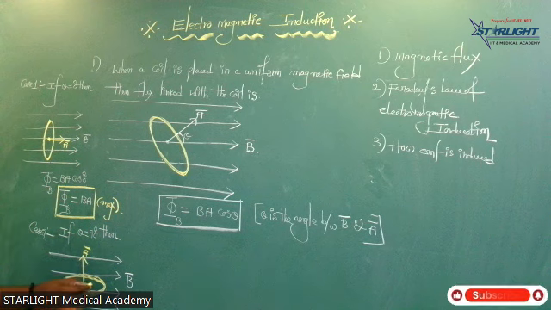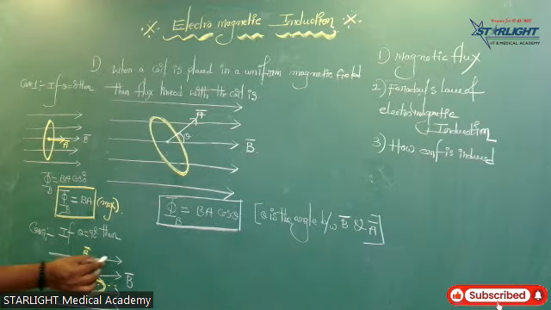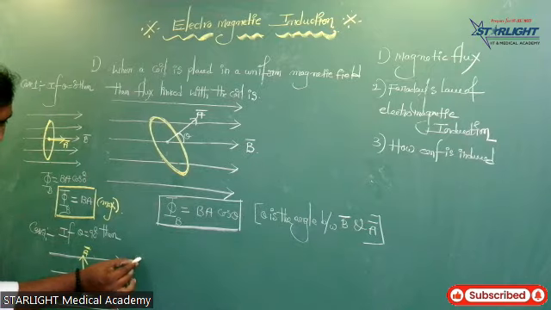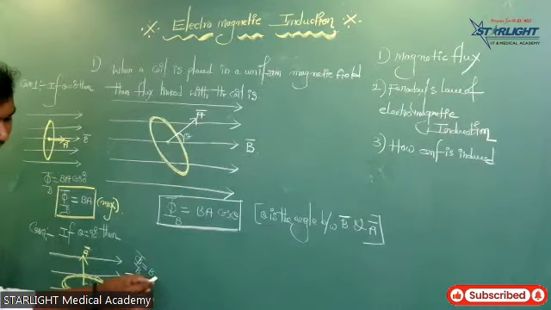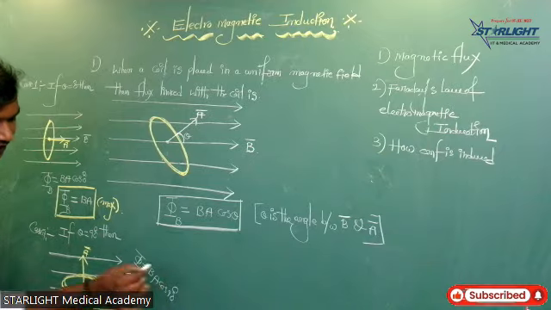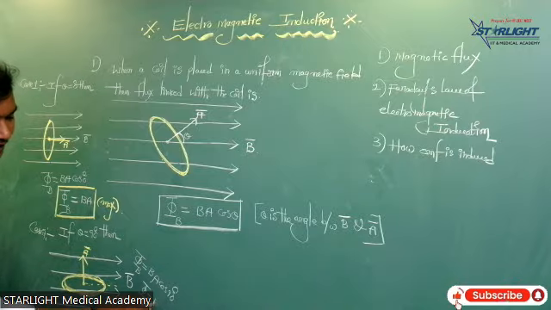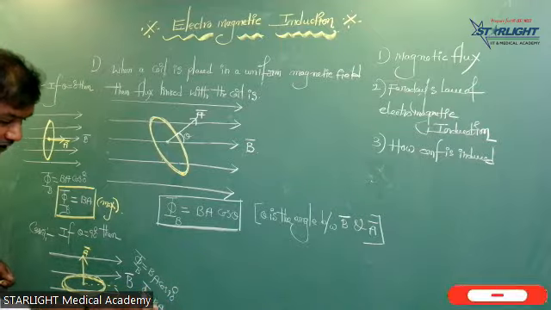What is the angle between A bar and B bar here? 90 degrees. 90 degrees means now how much of flux is passing? Magnetic flux is equal to BA cos 90 degrees. Cos 90 degrees is 0.